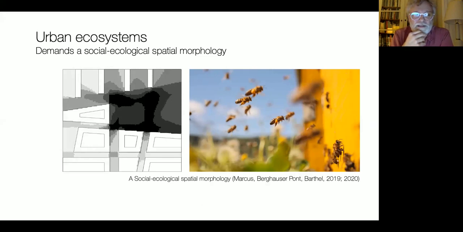And I cannot go into detail on this, but of course we here need to remember that the agent, what we represent in the axial map traditionally, is the human ability to overlook and move in space and so forth. We have different agents here, and actually we have many agents. And here I think the whole idea about affordance theory and so forth, how the same physical space generates very different affordances to different types of agents.